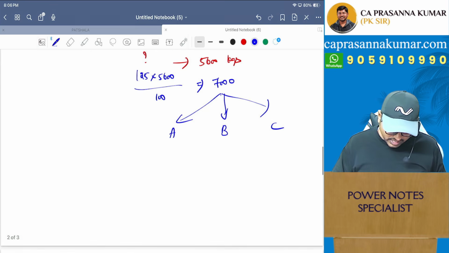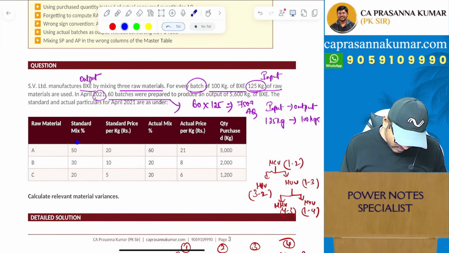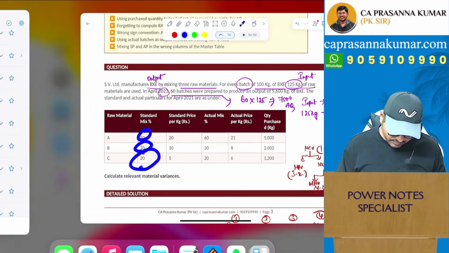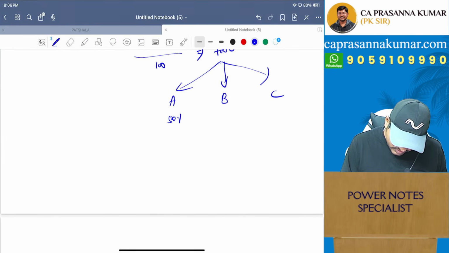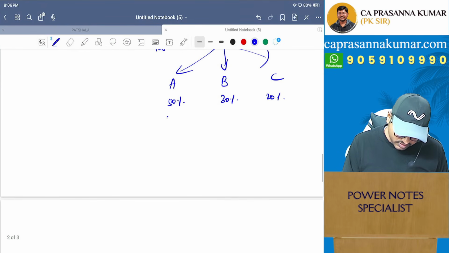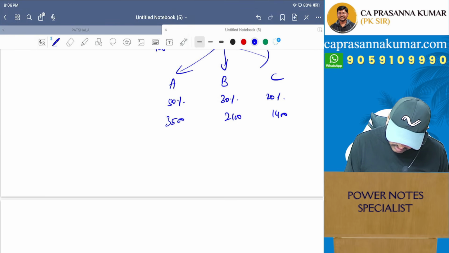This has to be divided between A, B and C in what ratio? Standard mix. What is the standard mix over here? 50, 30, 20. So 50%, 30%, 20%. Now 7000 into 50%, how much? 3500. 30%, 2100. 20%, 1400.